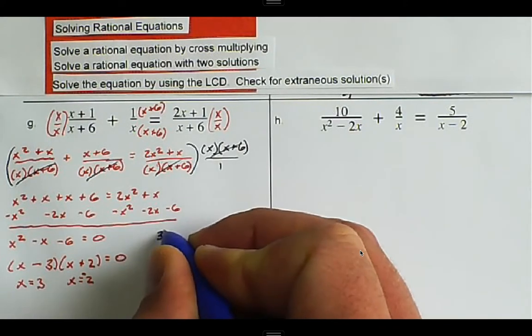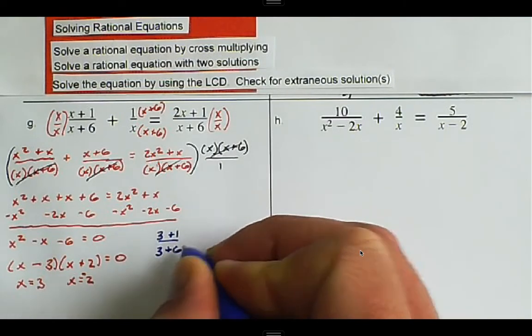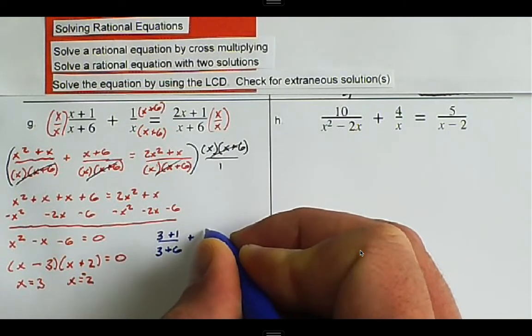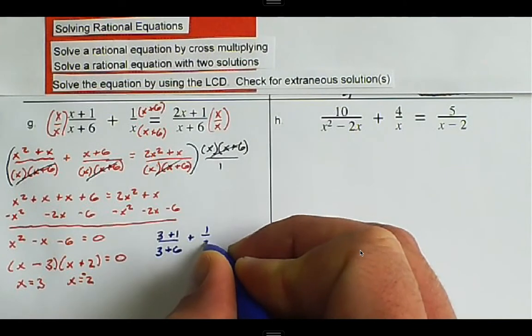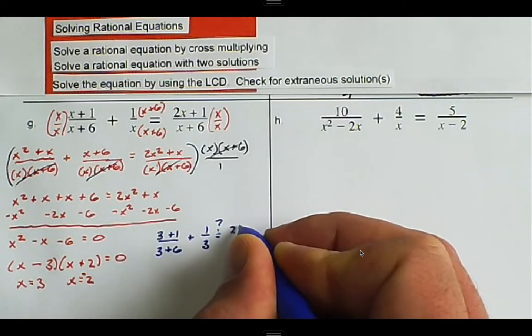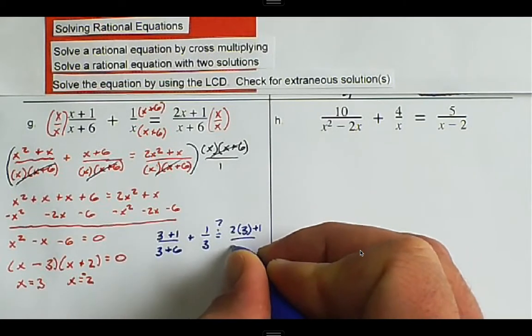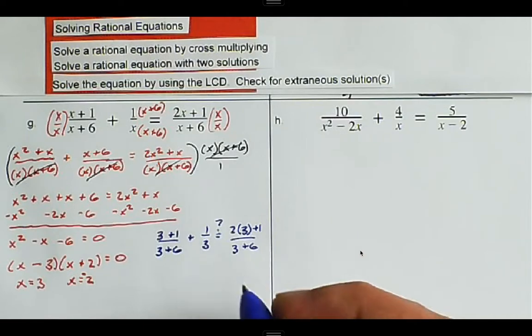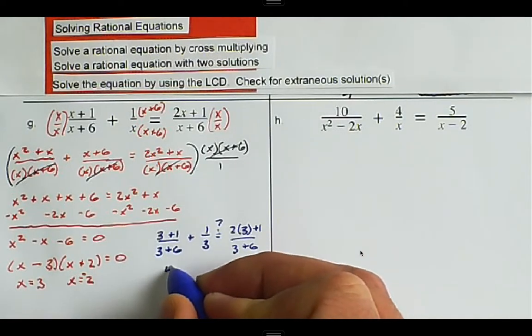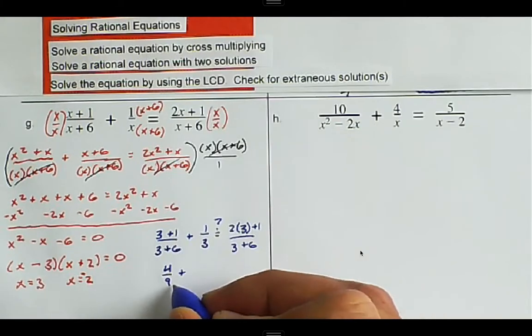Try 3: 3 plus 1 over 3 plus 6, plus 1 over 3, is equal to, and we're checking that, 2 times 3 plus 1 over 3 plus 6. So we get 4 over 9 plus, let's change this denominator to 9.